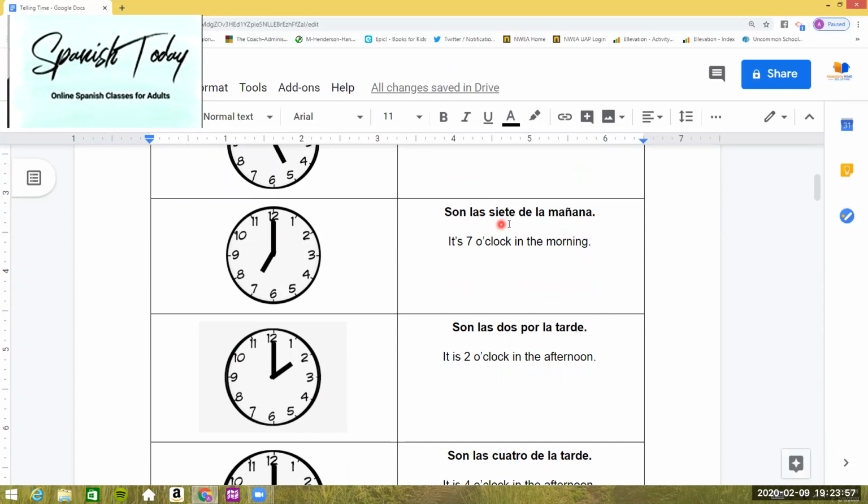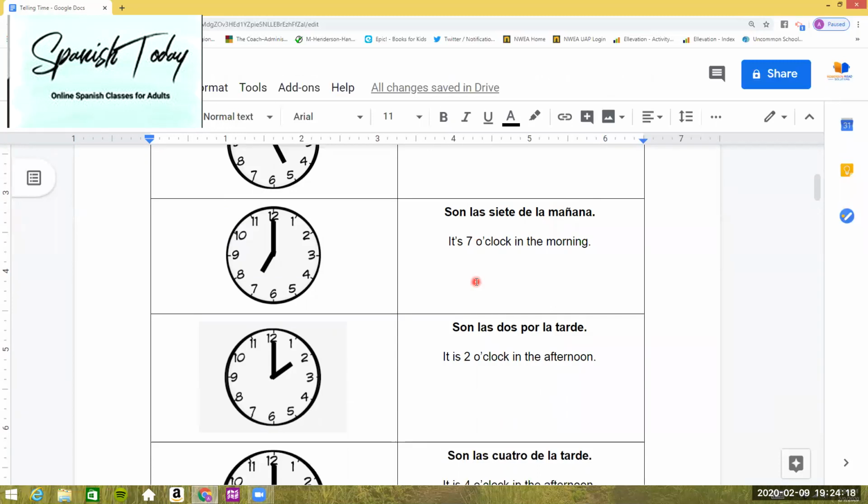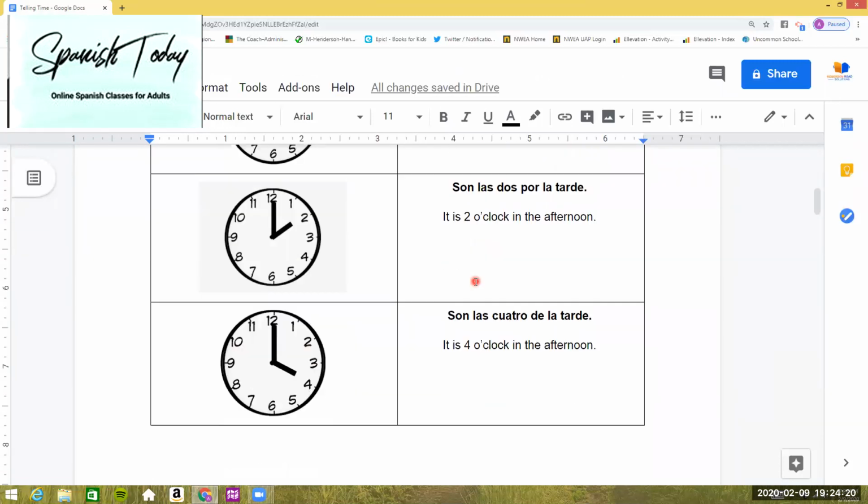Son las 7 de la mañana. Okay? And you'll see in my examples, I'll go back and forth between using por la mañana or de la mañana. So por and de, I'll use both just so you can get used to hearing both ways of saying the time.